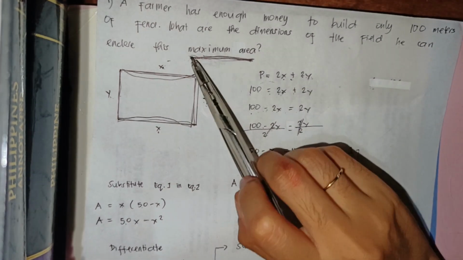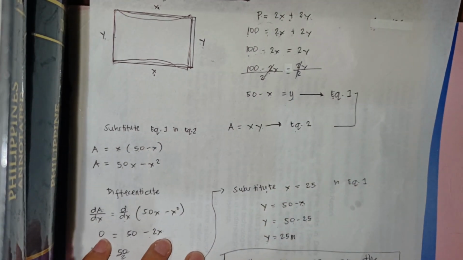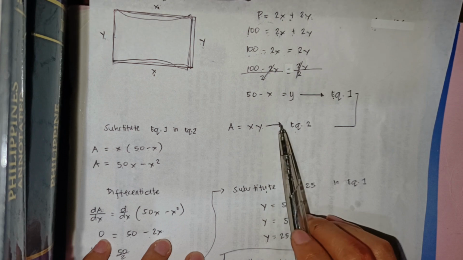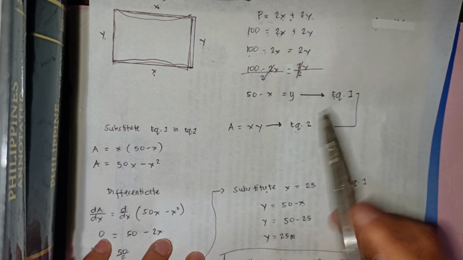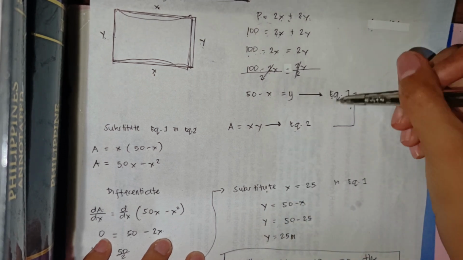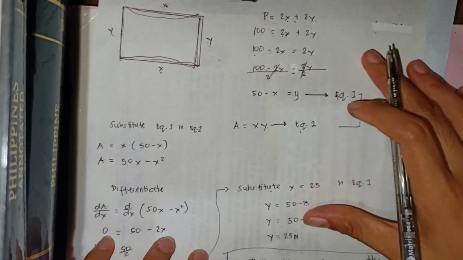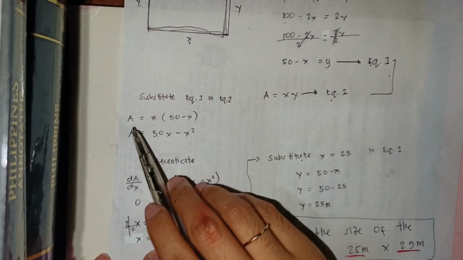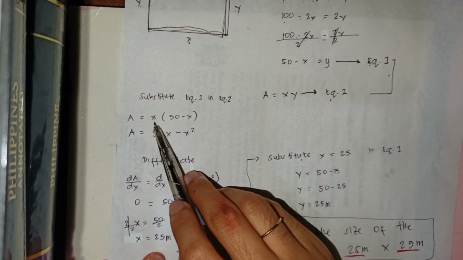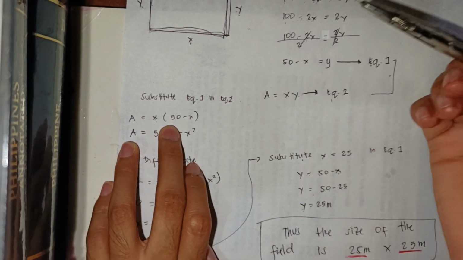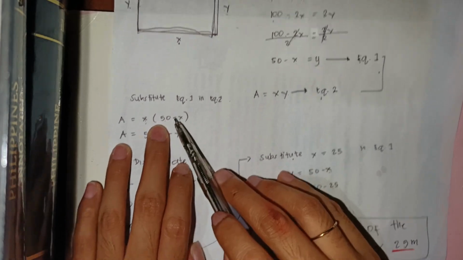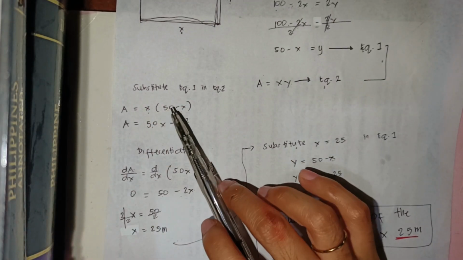Next is maximum area. So, ang equation sa area is A is equal to x times y. So, mao na siya ang second equation. And after makuha ni ang duha ka equation, i-substitute ang equation 1 sa equation 2. So, A is equal to x times ang value sa y, which is 50 minus x.